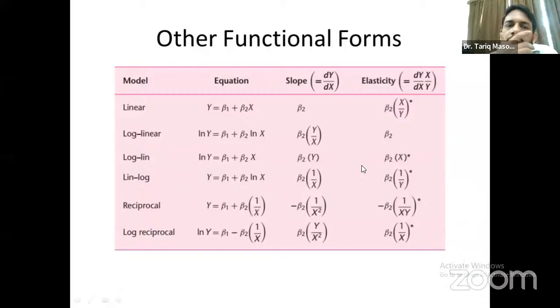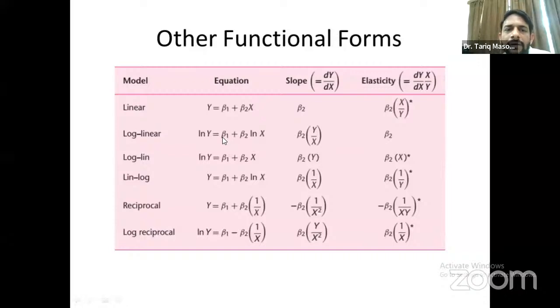Sanjay Saha says marginal effect of x on y. It's true, marginal effect of x on y. So once there is a change in x by 1 unit, there is change in y by beta 2 unit.